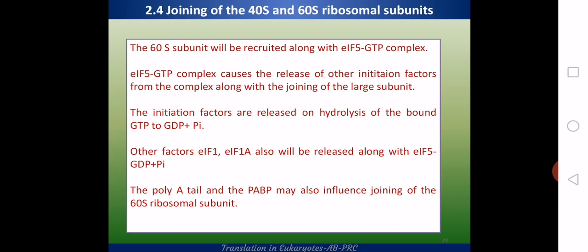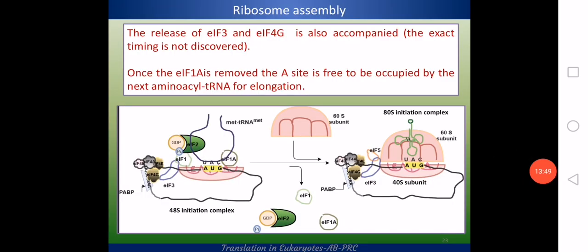And of course the poly A tail and the poly A tail binding proteins may influence the joining of the 60S subunit to the structure. This will give you an idea about the ribosome assembly. So once the EIF1A and EIF1 are released from the ribosome subunits, the A site is now ready to accept the next aminoacyl tRNA, and that will mark the elongation process.